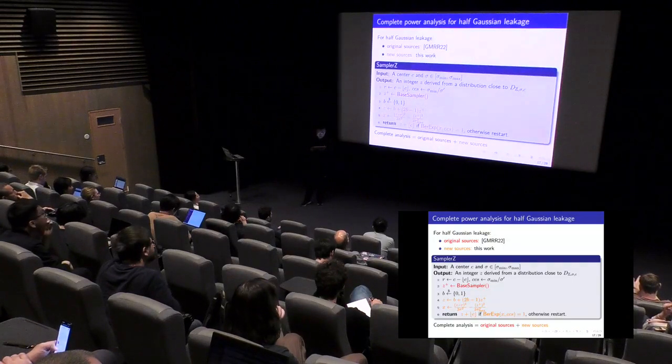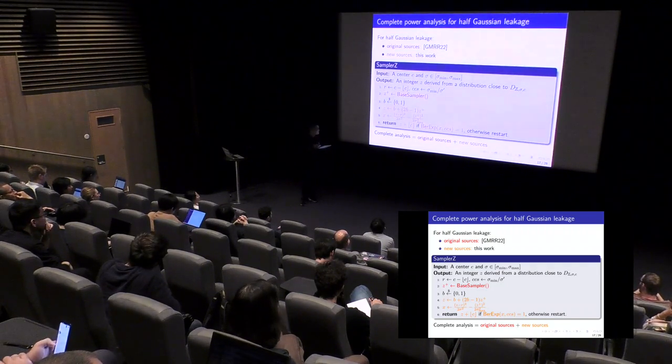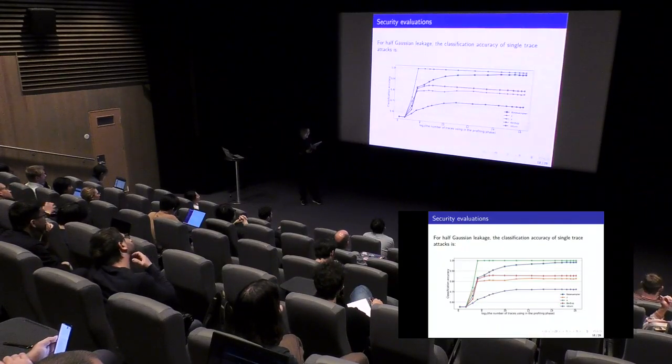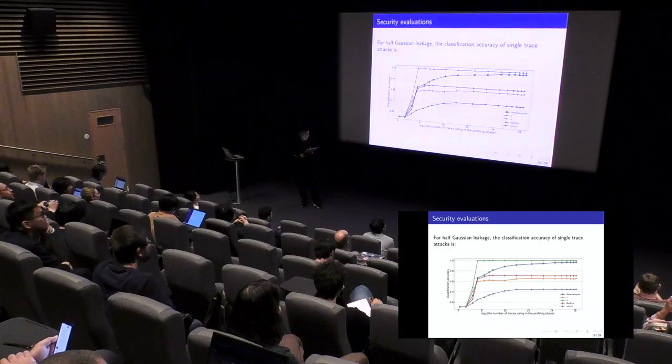So we perform the complete power analysis by integrating original and new sources, and we report the classification accuracy for half Gaussian leakage. As we can see, the leakages from new sources can also achieve higher accuracy.